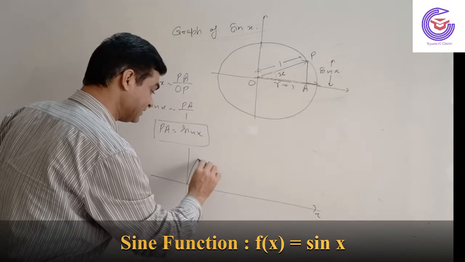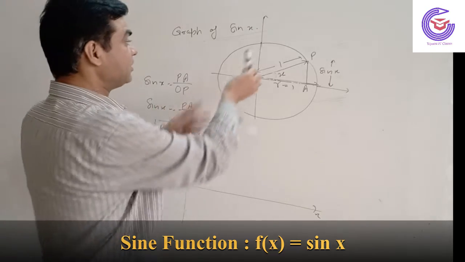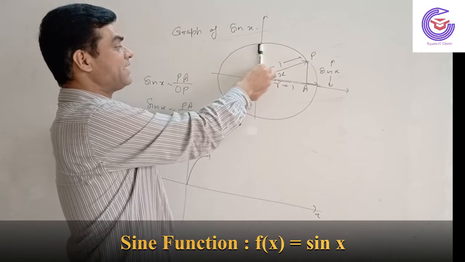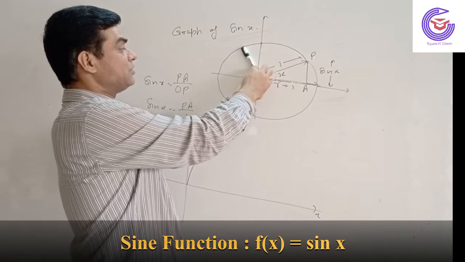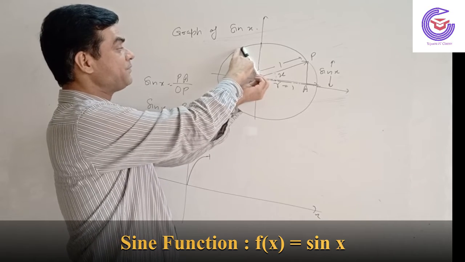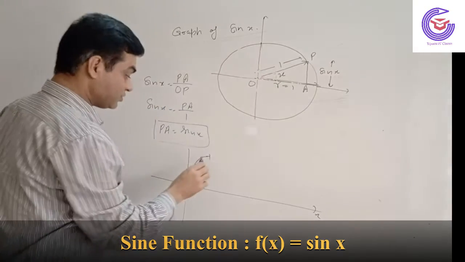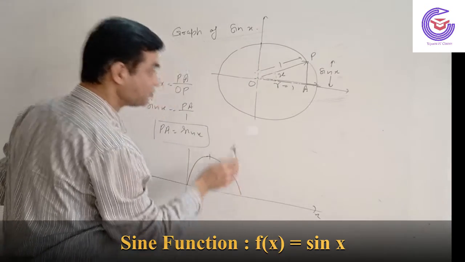Now the line has gone here, and it is rotating in this direction, so the length of PA slowly decreases till it comes to pi.